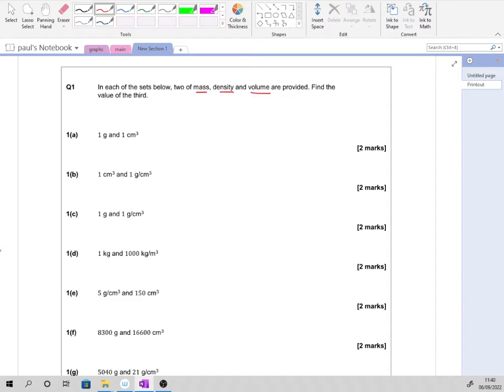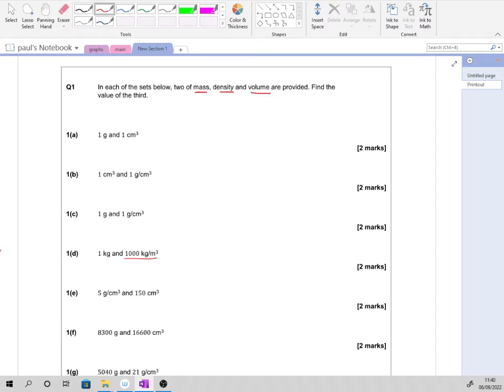Now, sometimes you'll get lucky if you can't remember the formula, by looking down at the units there. So that's the mass, and this one's the density. And you see here, 1,000 kilograms per meter cubed.